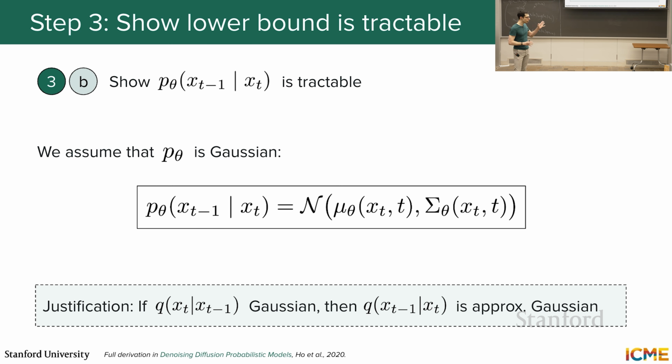The justification for that is a little bit more into the weeds, so I'm not going to go into that. But all of that to say that in this part, we're just making the assumption that what we want to learn is a Gaussian. Okay?